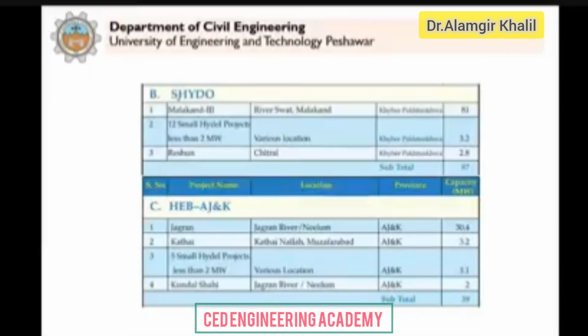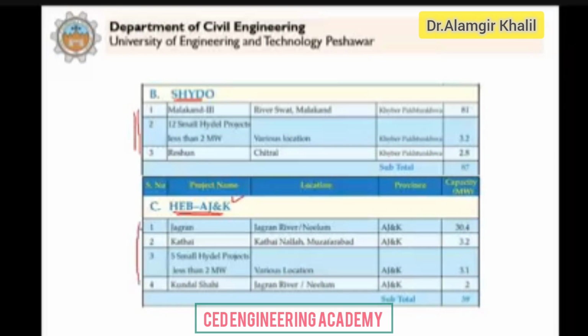Similarly, we have this category of SHYDO. This is Sarhad Hydel Power Development Organization. Now its name has changed because of the change in the name of our province, but previously it was called SHYDO, Sarhad Hydel Power Development Organization. They are responsible for these existing projects and possibly developing others as per the latest information. Similarly, we have the Hydropower Energy Board, Azad Jammu and Kashmir.